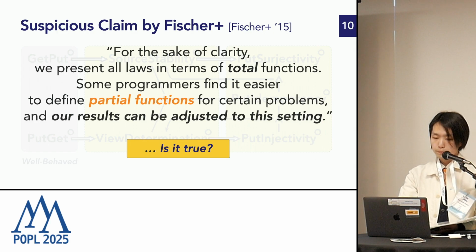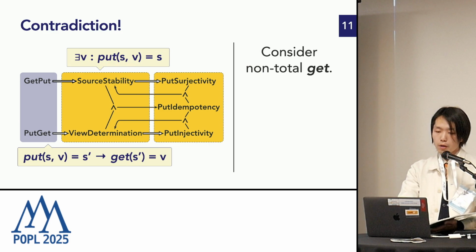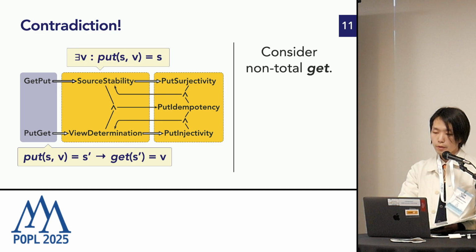But is it true? Let me consider the case when get is a partial function. Let us assume that the conditions also follow for non-total functions. Obviously, a well-behaved lens satisfies source stability and PutGet.